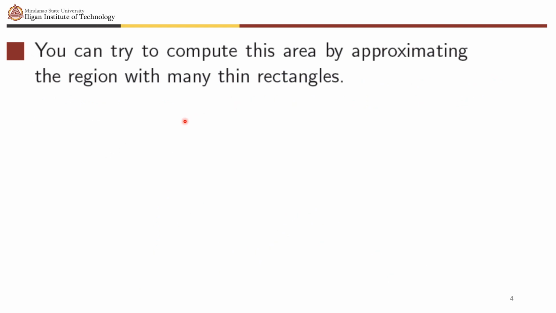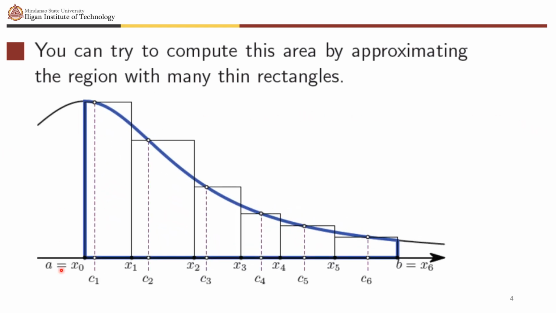So we can try to compute this area by approximating the region with many thin rectangles. So like this, we have here a is equal to x of 0, then we have x of 1, x of 2, up to a certain value x of 6, which is your b, if you have the interval from a to b on the x-axis, this is your function.